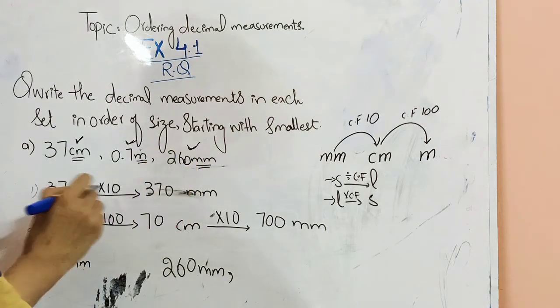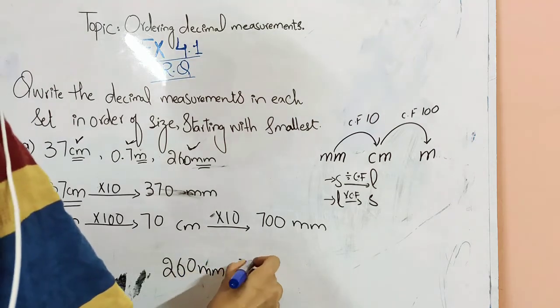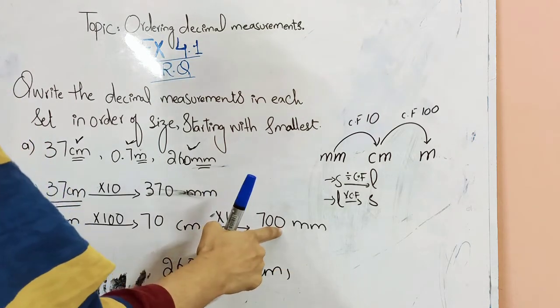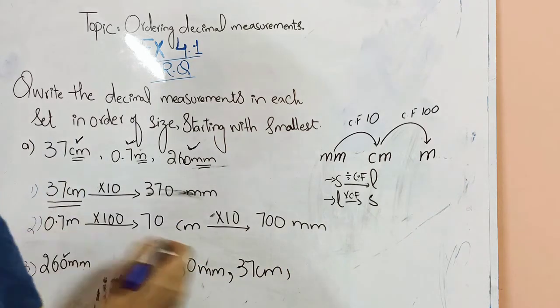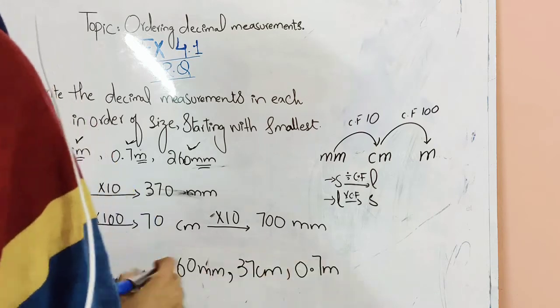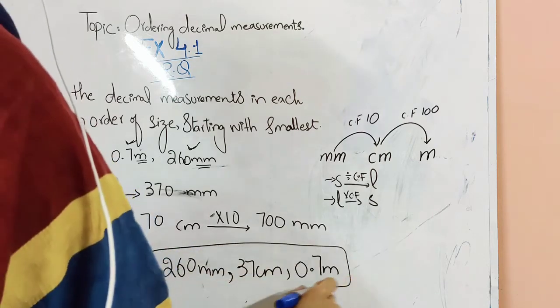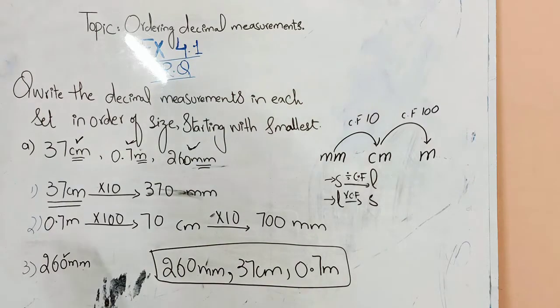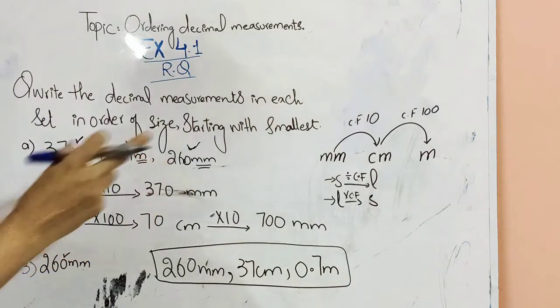This is 37 centimeter. And the last one is 700 millimeter, but what is its actual value? This is 0.7 meter. In this way you can convert your units from smallest to largest or largest to smallest.